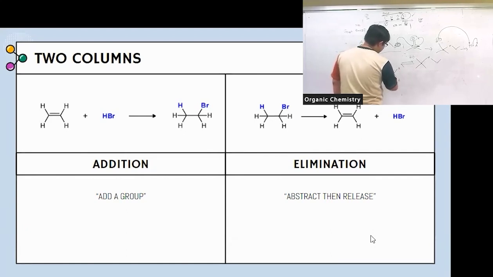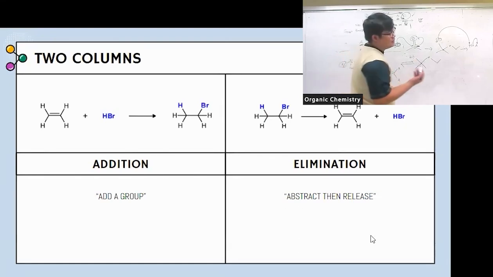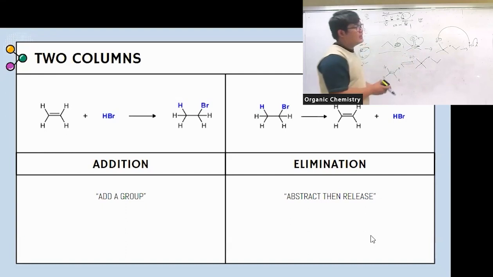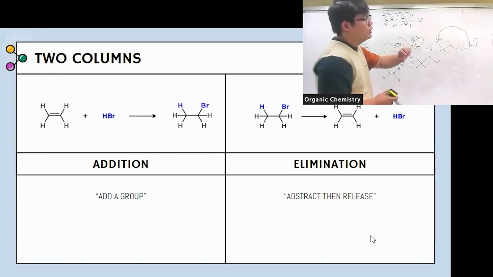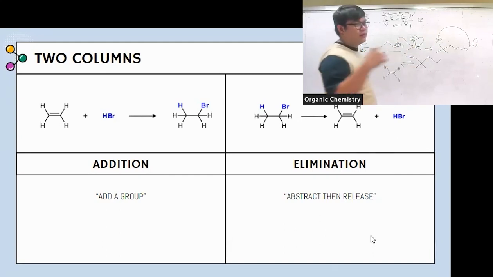Nag-add ako. Ibig sabihin, nagkaroon ako ng certain reaction dyan, hindi ko napapakita yung mechanism sa inyo kasi medyo baka ma-confuse pa kayo. Essentially, nag-a-add lang ako ng Br at H. Ibig sabihin, tignan nyo, nadagdagan lang yung constituent ng initial kong compound. Nagdagdagan lang siya to form a new compound.